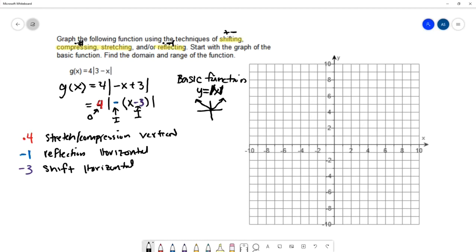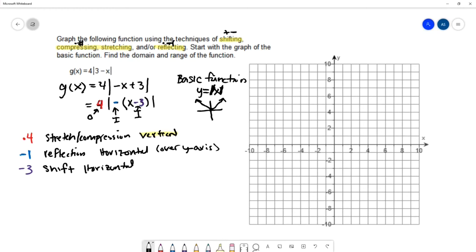So that narrows down. The reflection is a horizontal reflection, meaning that it reflects over the y-axis. And we don't need any other details about that transformation. Now, with the stretch or compression, we need to figure out which one it is. So with vertical stretches or compressions, we pay attention to the value that we're multiplying by.